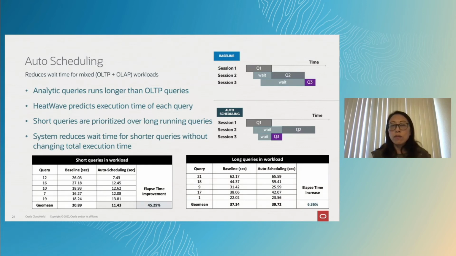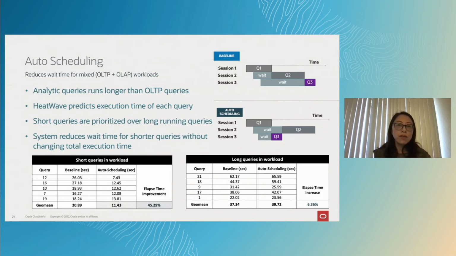On the bottom, in the next graph, you can see that if Q3 comes in right after Q1, same as Q2, we will prioritize Q3 to run first so that the overall performance of the system is improved, with the shorter query able to run much earlier, while the longer query will need to wait for the shorter query to run. But from the overall perspective, because the longer query is going to run much longer, the impact on the longer query is not as much.